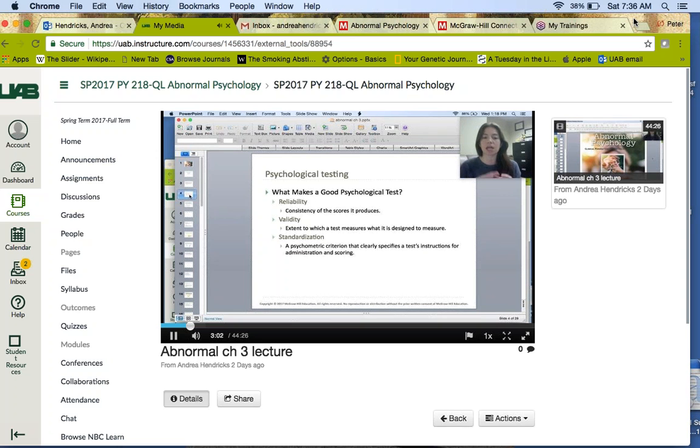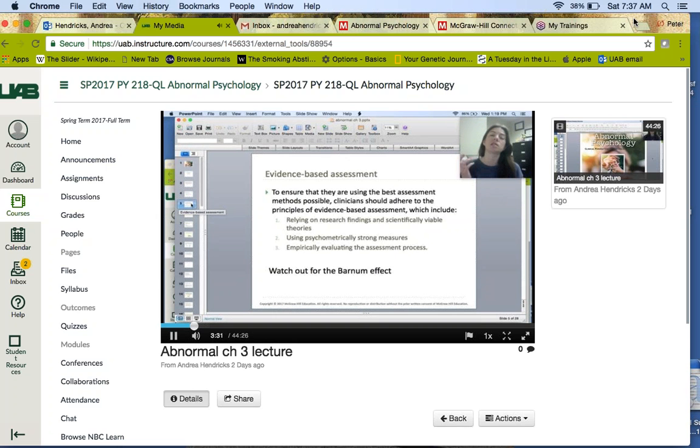Standardization is a psychometric criterion that clearly specifies a test's instructions for administering and scoring. If I give the test, if she gives the test, if he gives the test, everybody gives it the exact same way, and it is scored the exact same way.